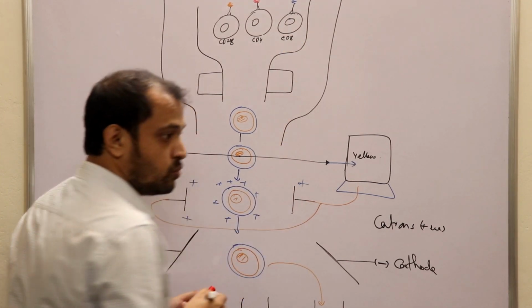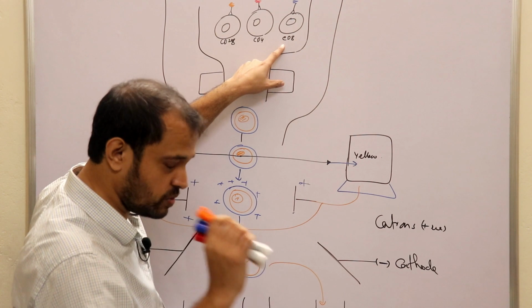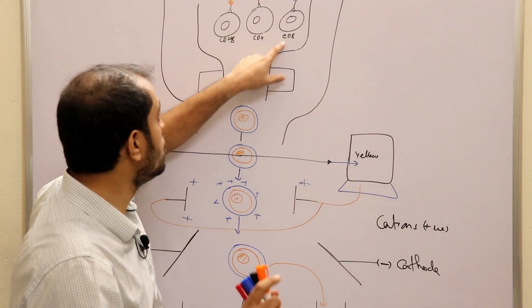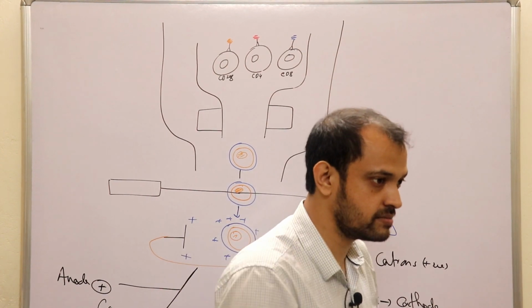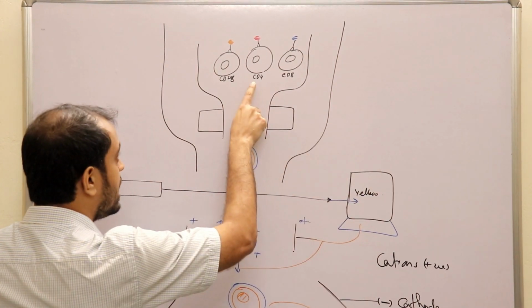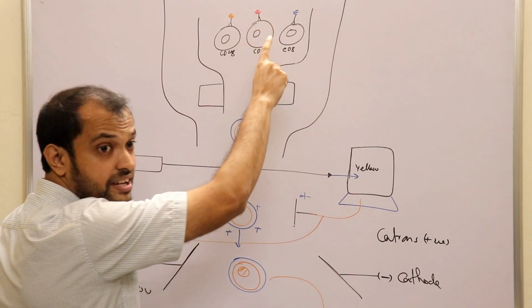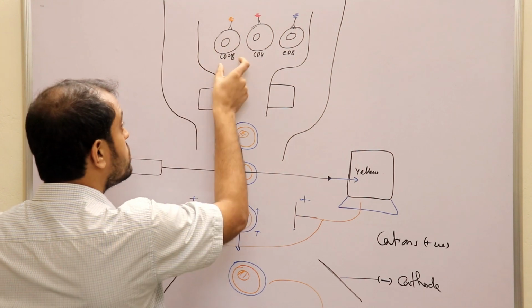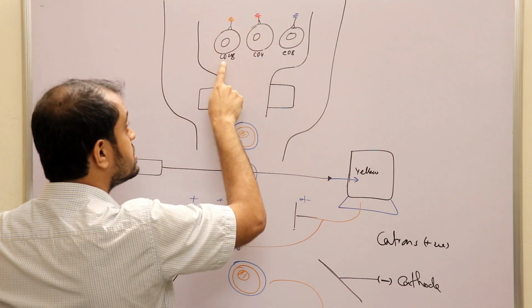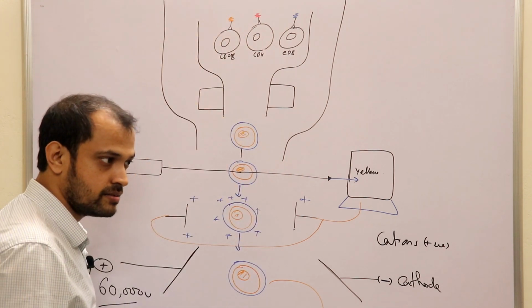Suppose we have tagged CD8 proteins with antibodies having blue tags, CD4 proteins with antibodies having red tags, and CD28 proteins with antibodies having yellow tags.